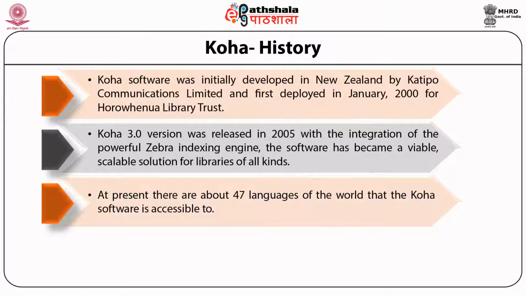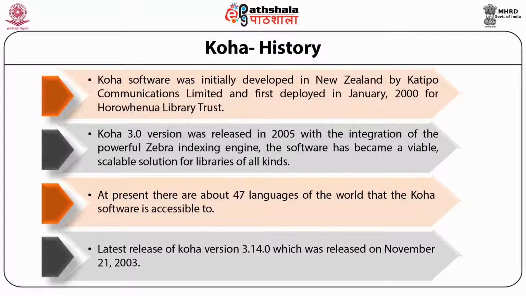There are about 47 languages of the world in which the software is accessible, and it has been partially translated into 62 languages. The latest release is Koha version 3.14, which was released on November 21st, 2003.